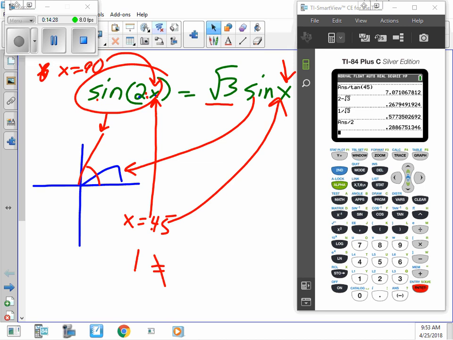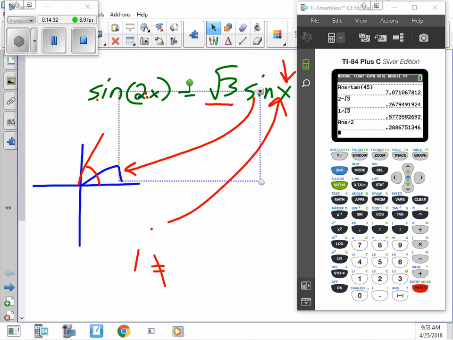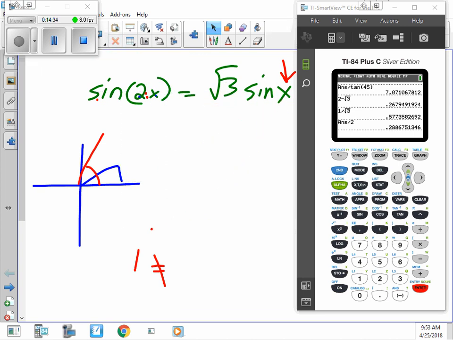Okay, let me get rid of some of this mess. So let's try pi over 6, which is this angle right here. Okay, pi over 6. So what happens when I plug pi over 6 in there? 2 times pi over 6 is pi thirds. The sine of pi thirds is root 3 over 2. Okay?